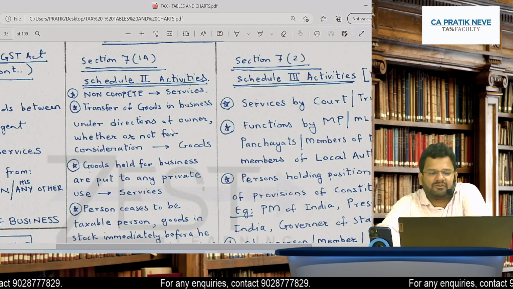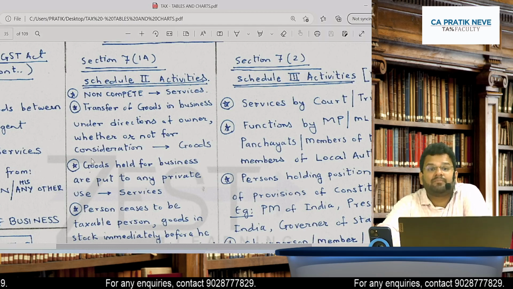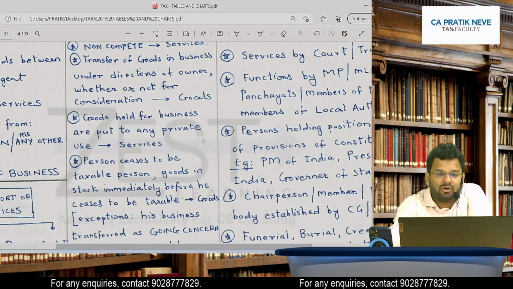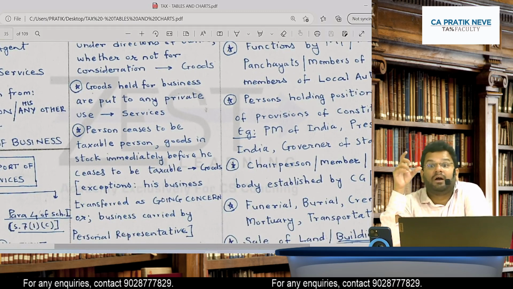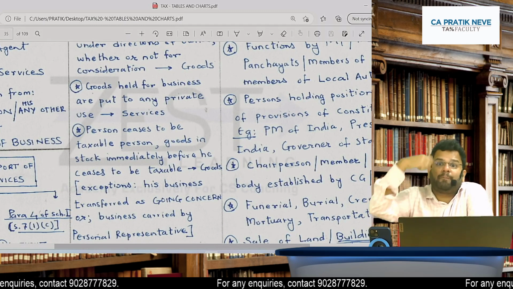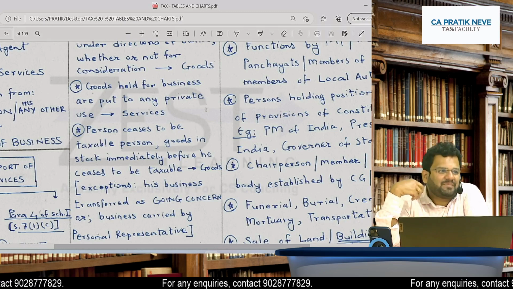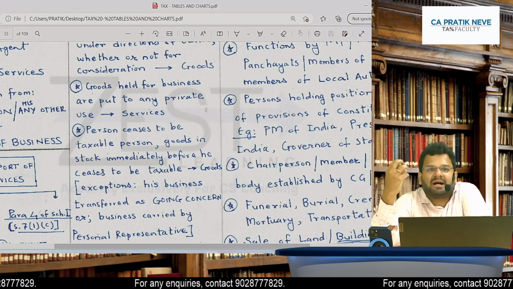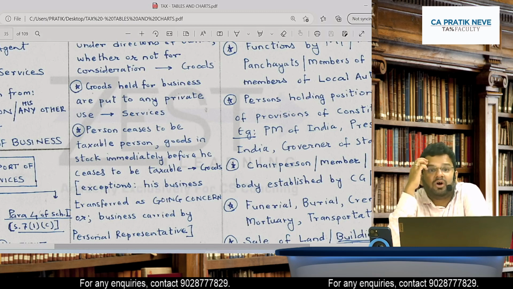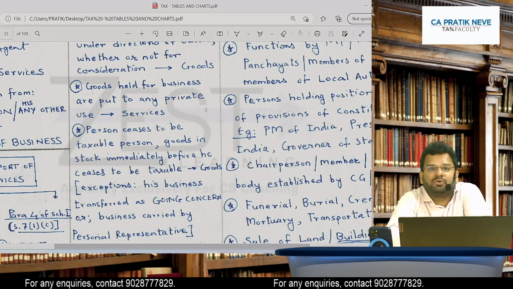Obviously, transfer of goods in business under directions of owner, whether or not for consideration, is of course supply of goods. Then goods held for business are put for private use. Means the company's motor car is allotted to an employee for personal use, or the company's motor car is used by a director for his personal use.